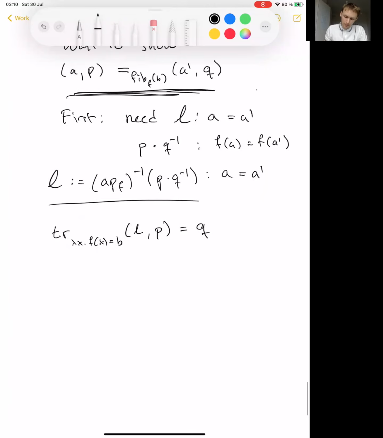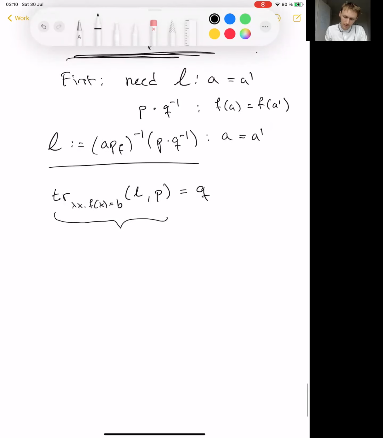Well, actually, what one can show is that if you transport a proof along this type, this whole thing will in fact be equal to just app f of L inverse composed with P. That's a general lemma that you would have to prove. If you find the right statement, you can prove it very easily by path induction.